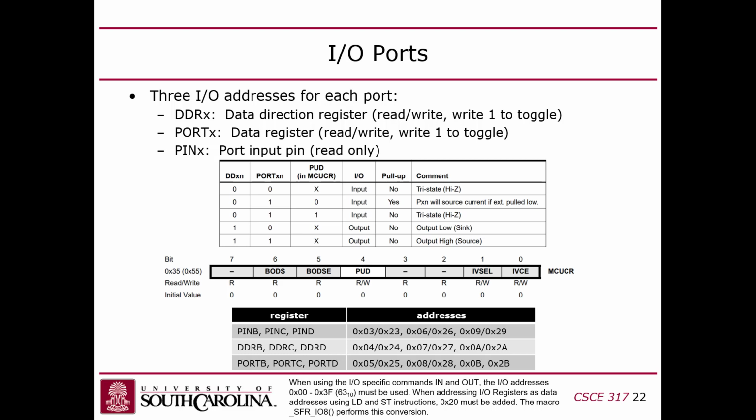On the other hand, if I'm using the pin as an input, then the port is used as a secondary configuration bit to determine the mode, whether the pin is in pull-up mode or not. Right? And then also, if it's an input, there's a pin BCD that you read to retrieve the input value.